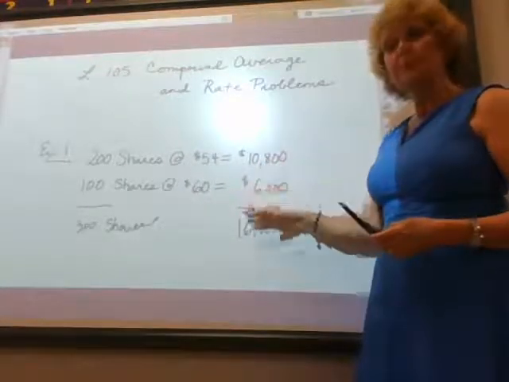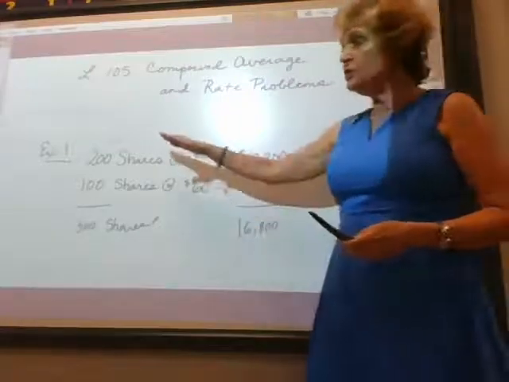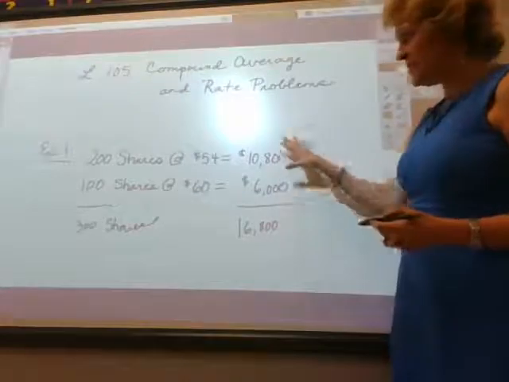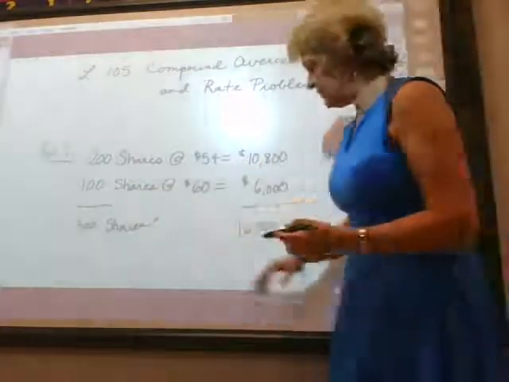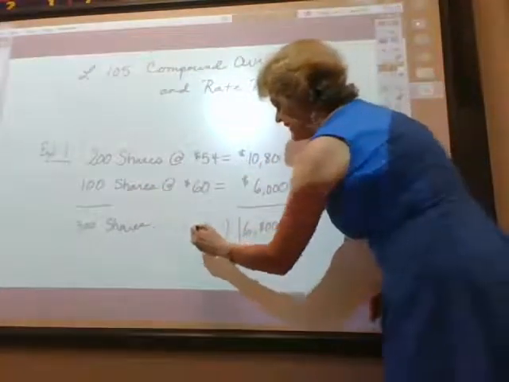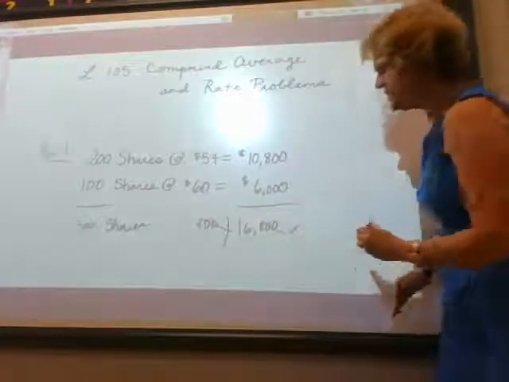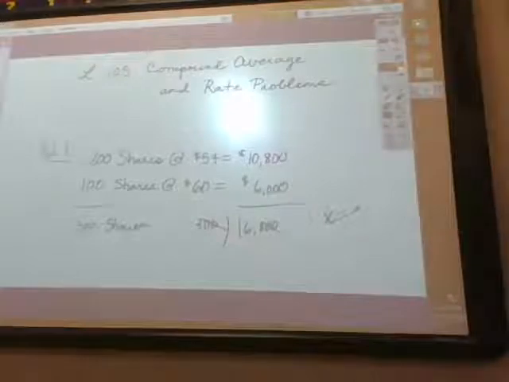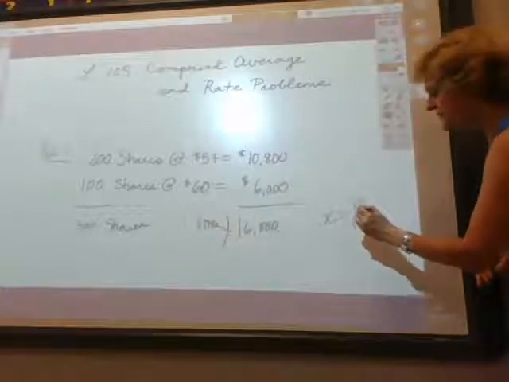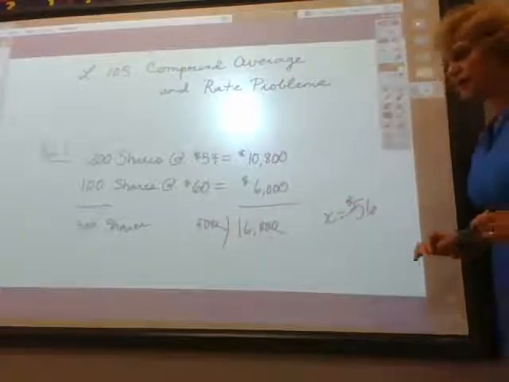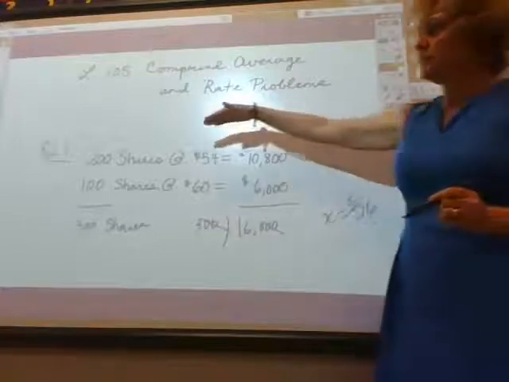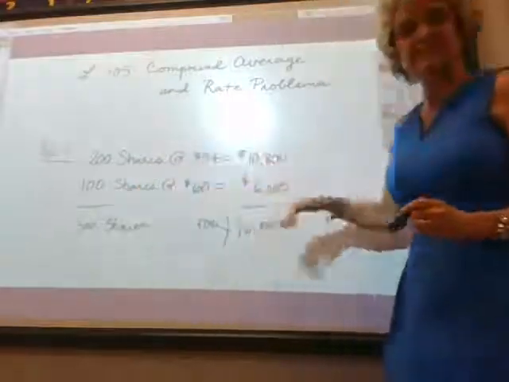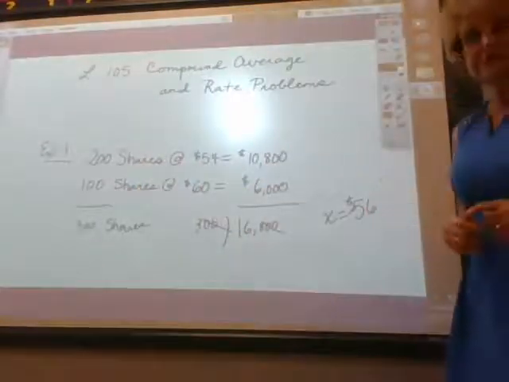Then you add your total money and then your total shares and divide them. So I'll take this total, divide by 300, and of course you can use your calculators. The overall average, according to the book, is $56 overall. So you've multiplied, added, and divided to get your overall average.